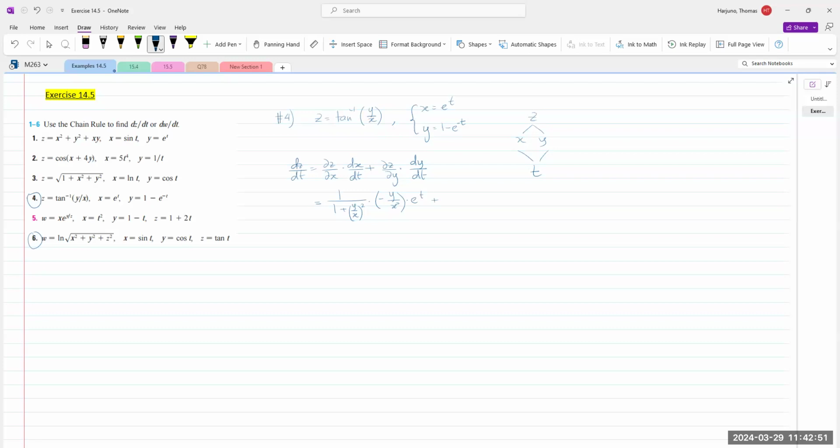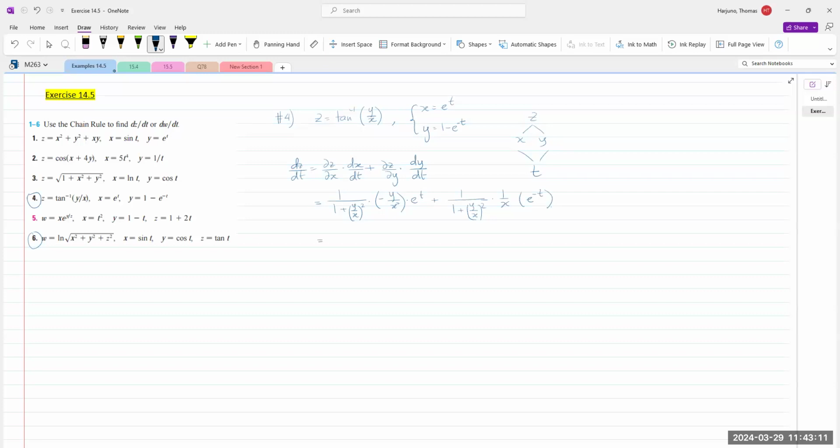dou c dou y will be 1 over 1 plus y over x squared, times 1 over x, times e to the negative t.